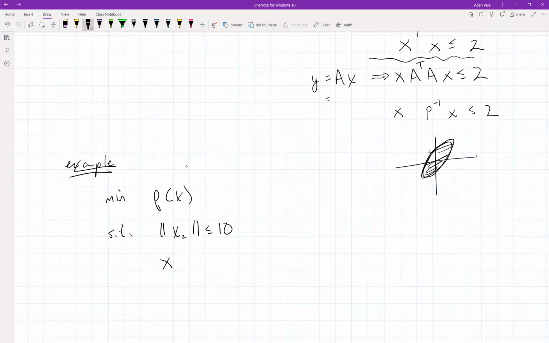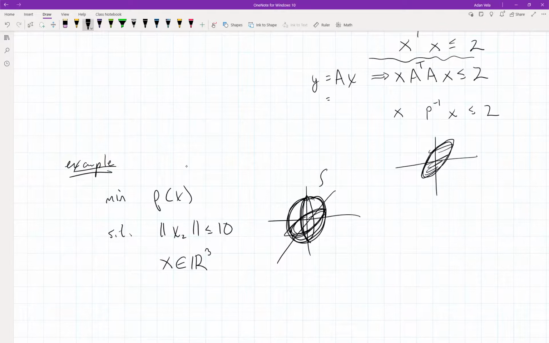And I'm going to say x is actually a 3-dimensional vector. Okay, so if we were to plot this in 3D space, we'd be drawing basically a sphere of radius 10.